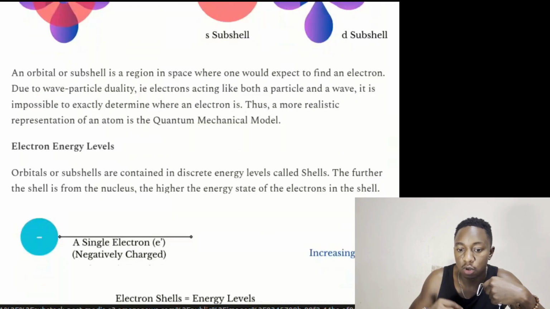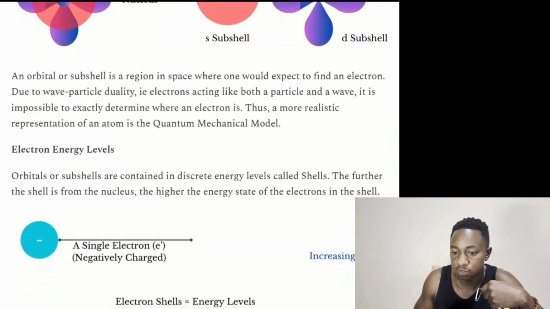An orbital or a subshell is a region in space where one would expect to find an electron. Due to wave-particle duality, i.e., electrons acting like both a particle and a wave, it is impossible to exactly determine where an electron is. Thus, a more realistic representation of an electron is the quantum mechanical model.